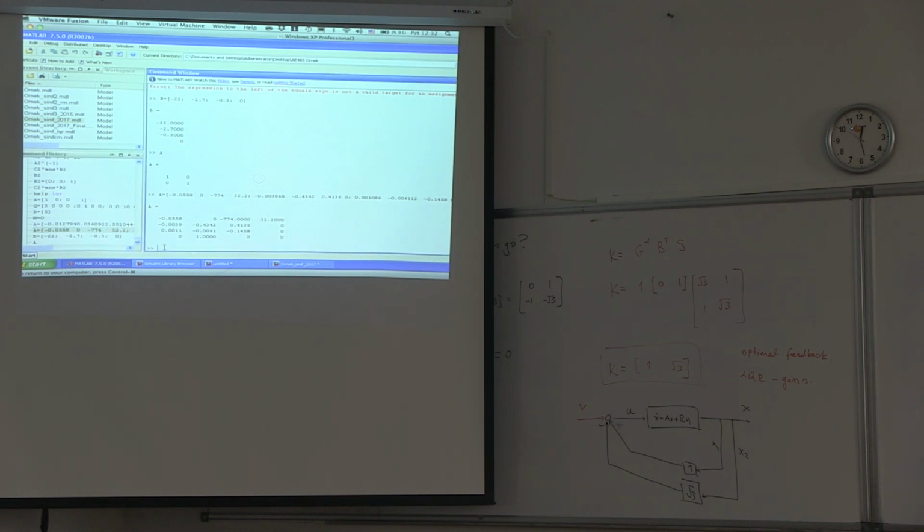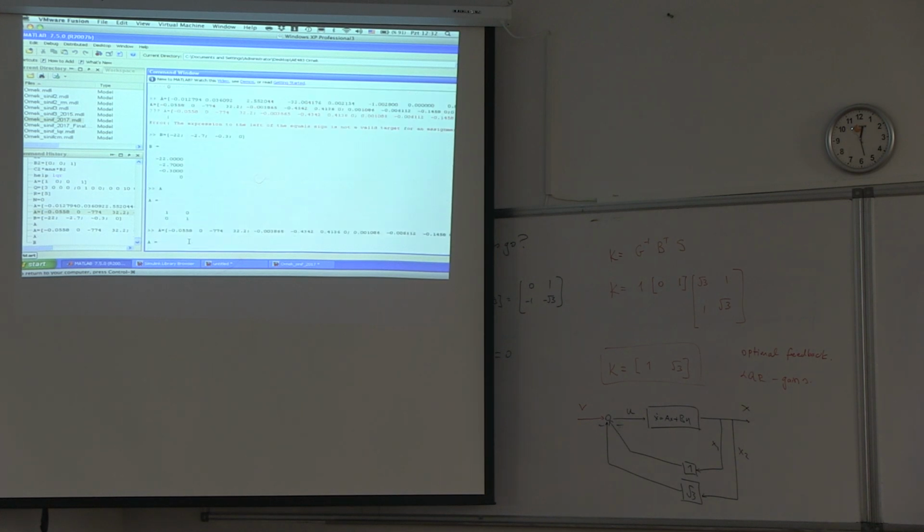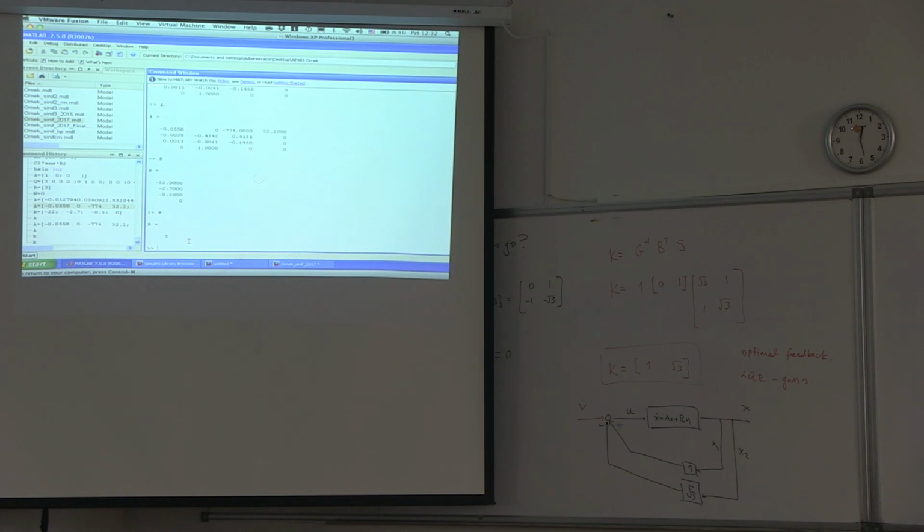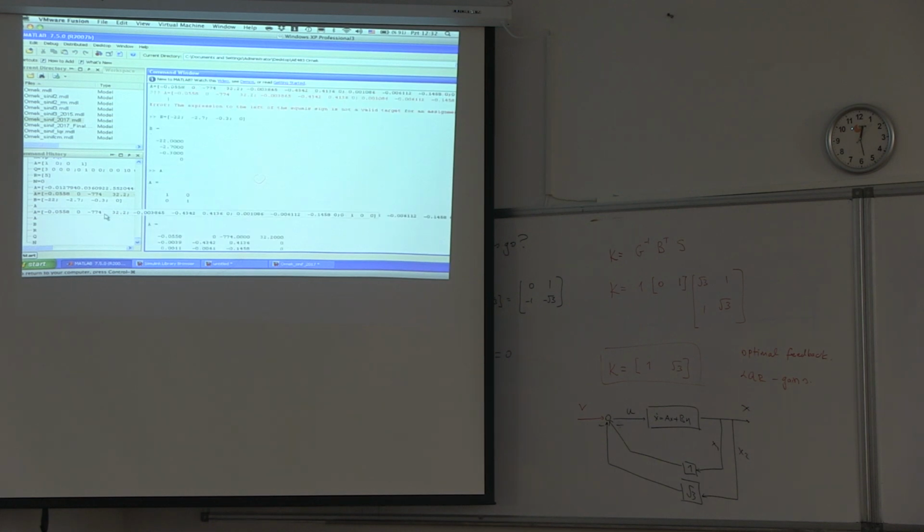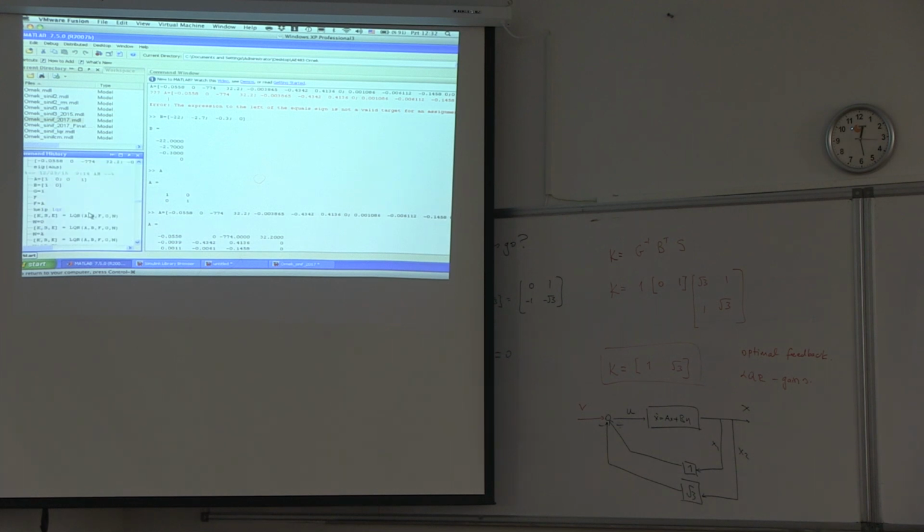Okay, so that's my A, that's my B. This is my R, this is my Q, and I have an N. Good. So I think this was the example I did for the lateral dynamics of the aircraft.